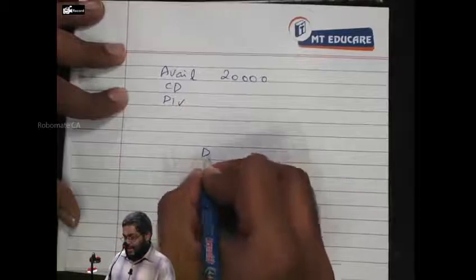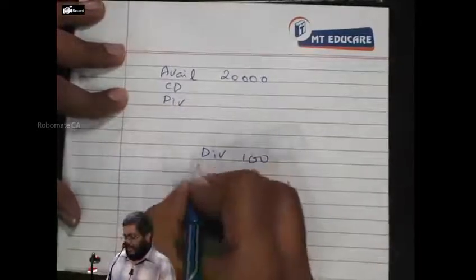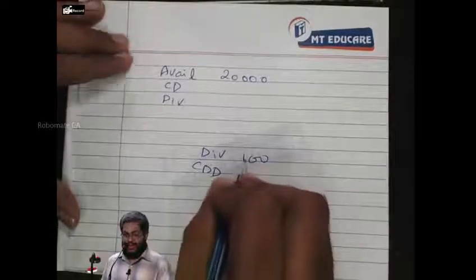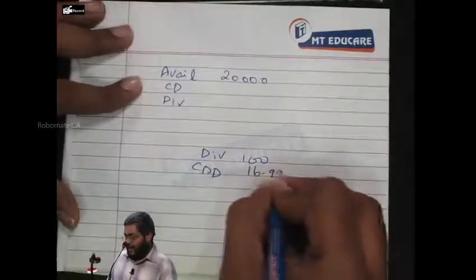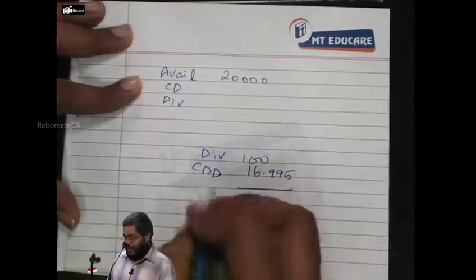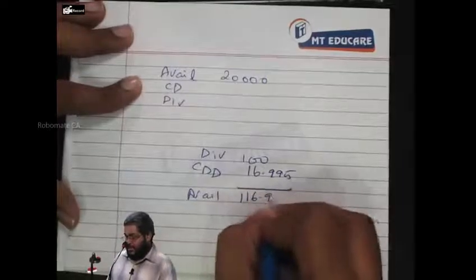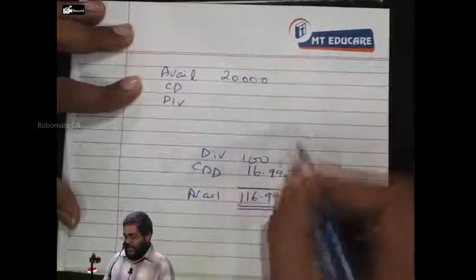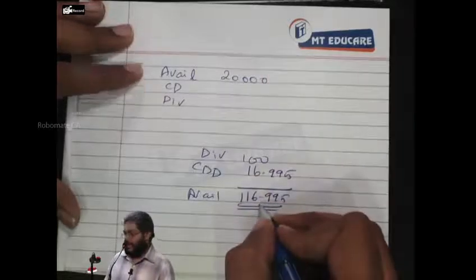See, if there is a dividend of 100 rupees, the CDT will be 16.995% including surcharge. If I total, what should be available for distribution? 116.995. So this 20,000 is 100 plus 16.995, that is 116.995.